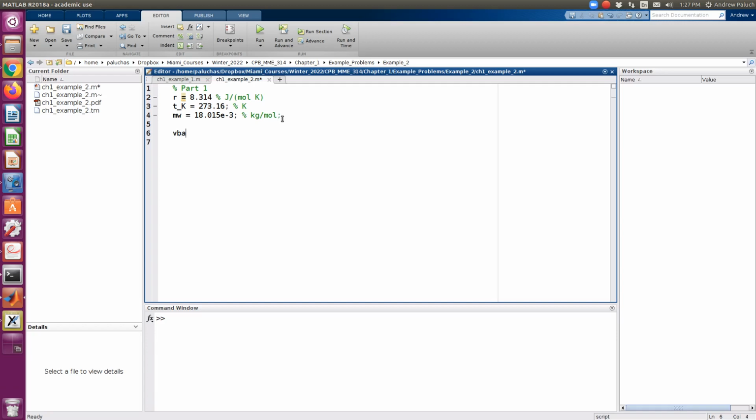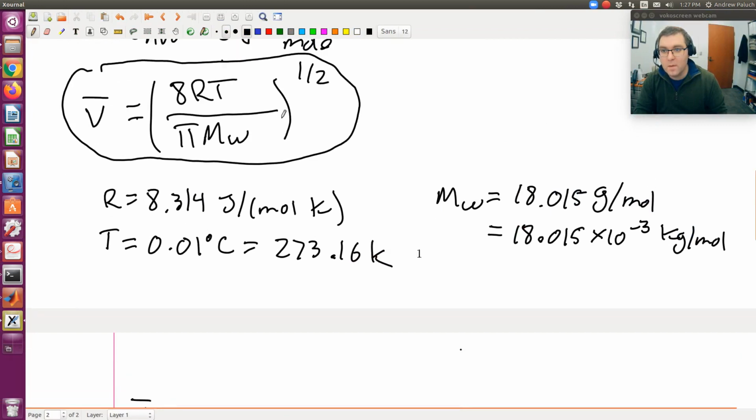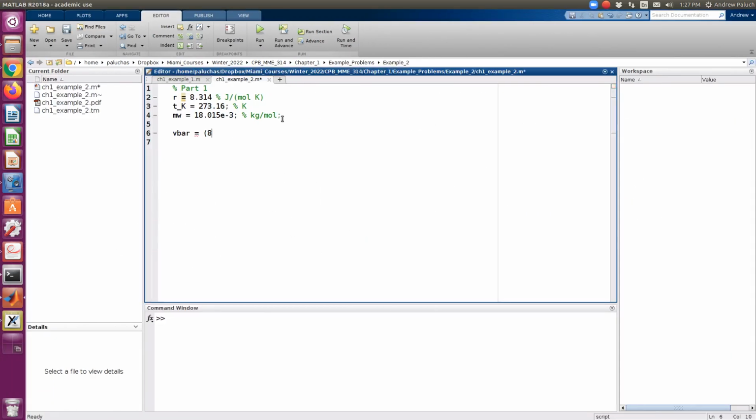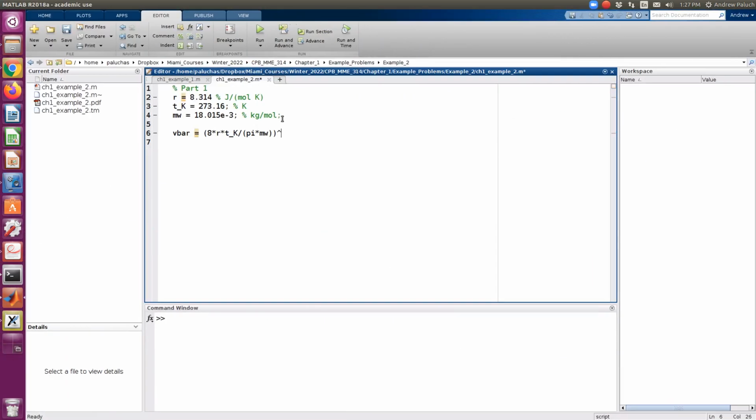Then to calculate my velocity, v bar, it's 8RT divided by pi times my molecular weight, raised to the 1/2 power.